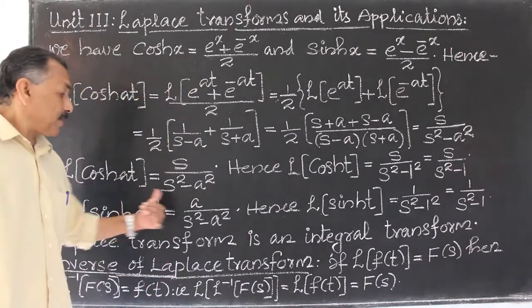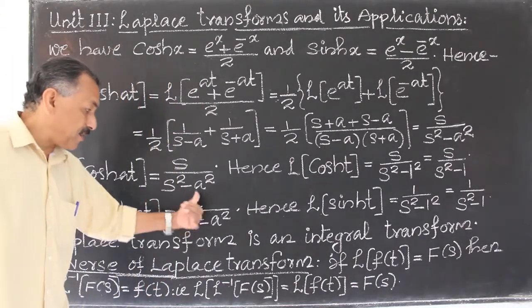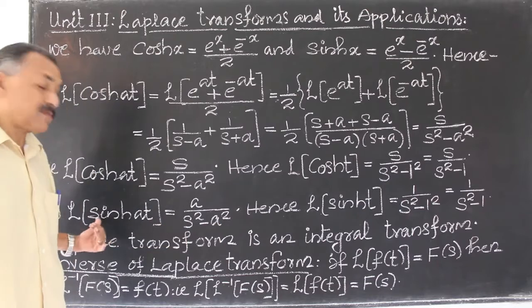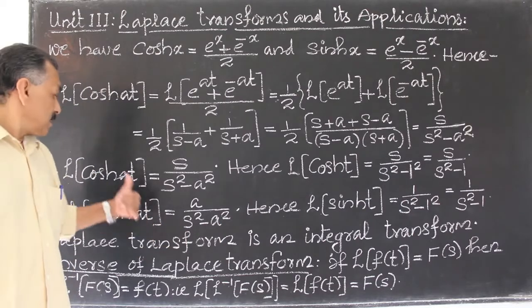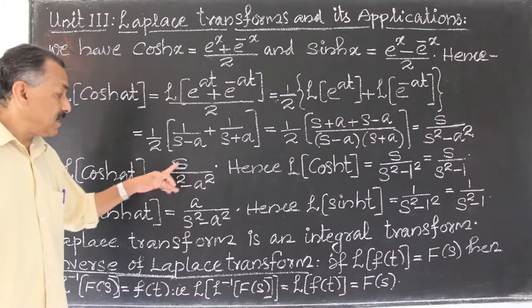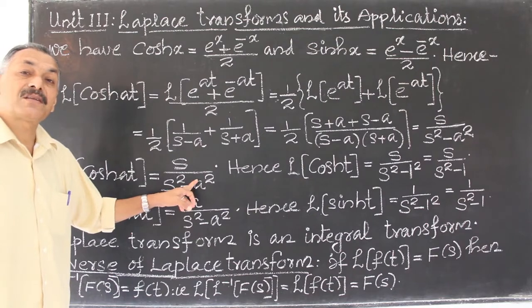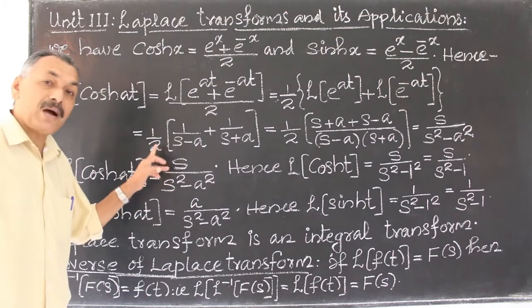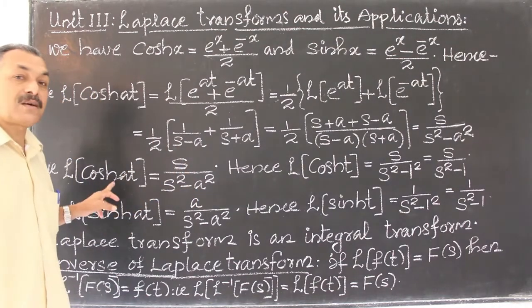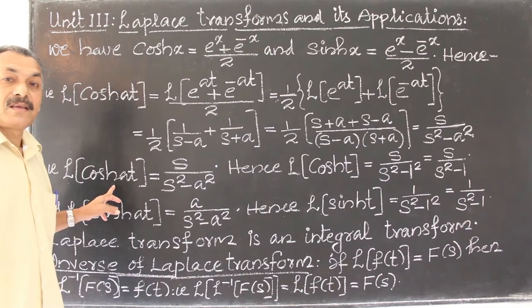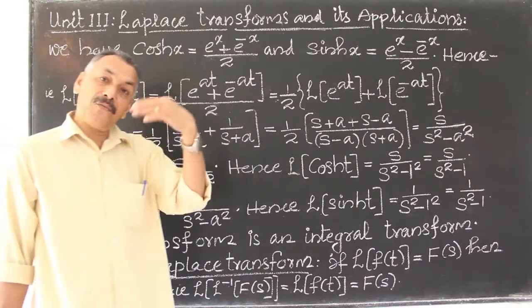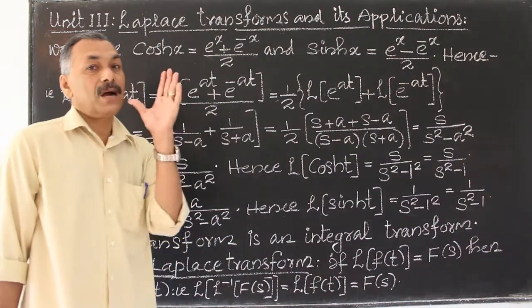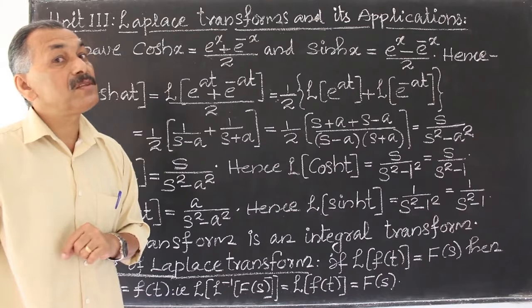So if this is the Laplace transform, then L inverse of a divided by s square minus a square will be what? sin h at. Similarly, the Laplace transform of cos h at is equal to s divided by s square minus a square. That means L inverse of this value is equal to cos h at. But the Laplace inverse is of a function of s. But the Laplace value of a function will be what? It will be t, right.